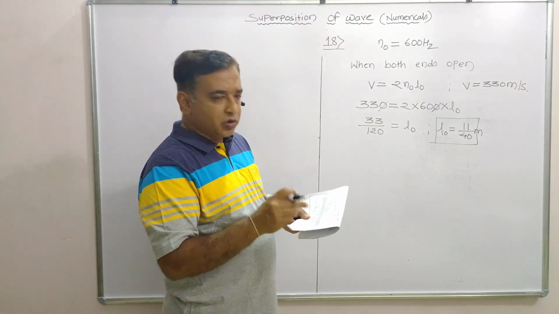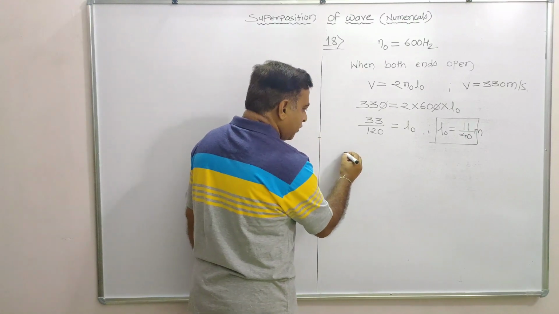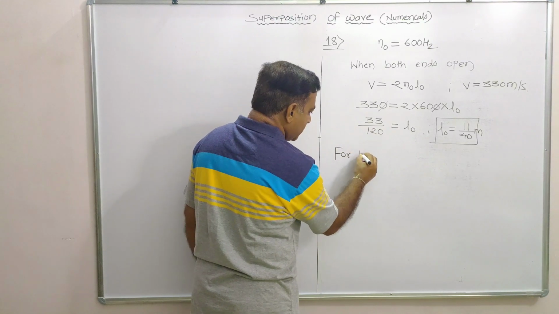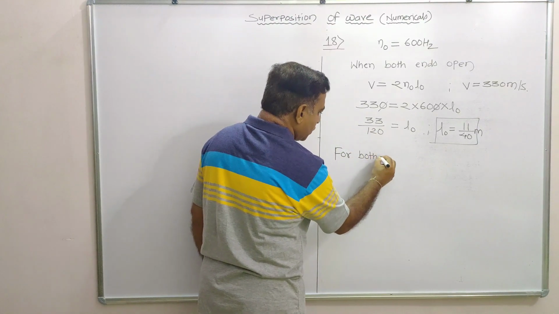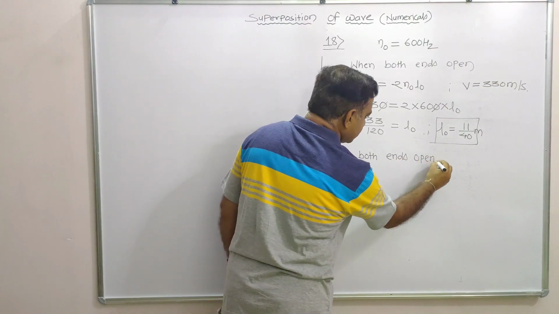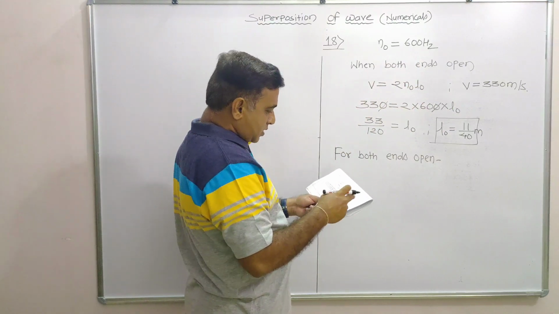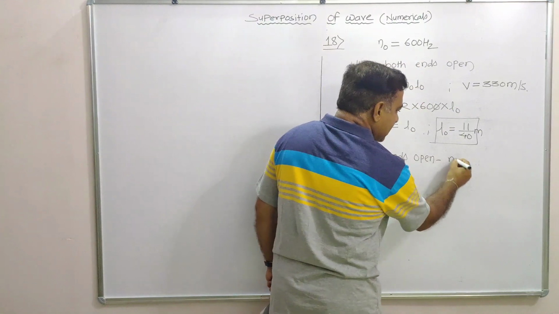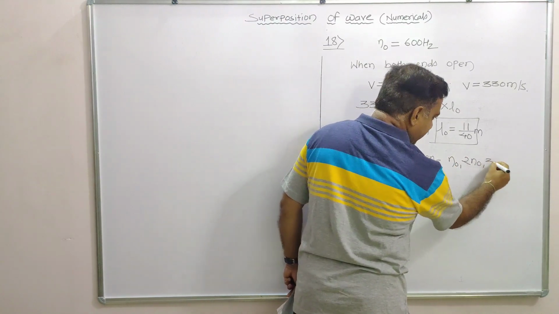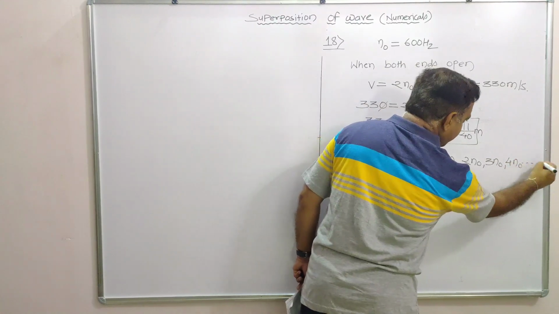The first overtone for both ends open: I'm going to write the series now. For open pipe, the series is N0, 2N0, 3N0, 4N0, and so on.